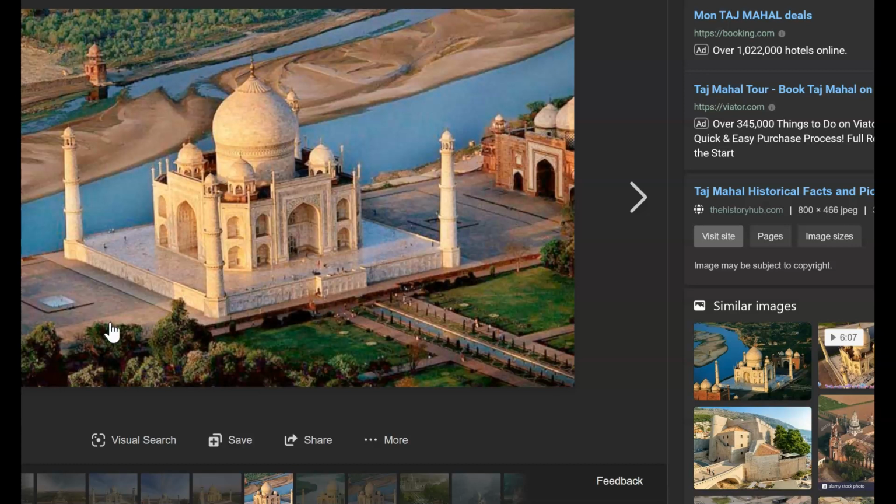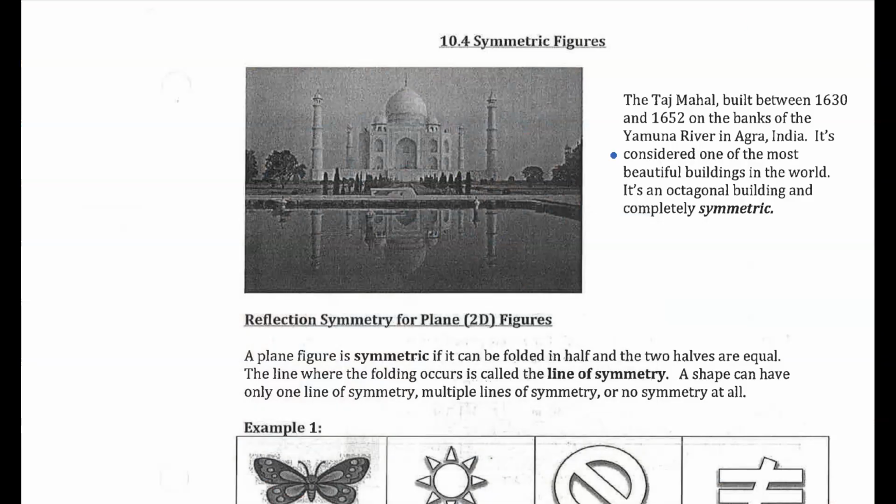And the cool thing about the Taj Mahal is the gardens are actually symmetric too. So the grass and the trees are symmetric. I think there's only a couple parts that are not. There's a couple of tombs located in the gardens, but other than that, everything is completely symmetrical, which is kind of cool. So back to the notes.